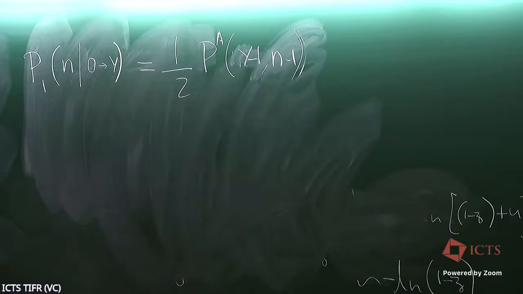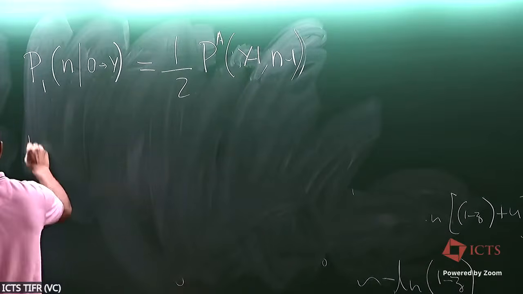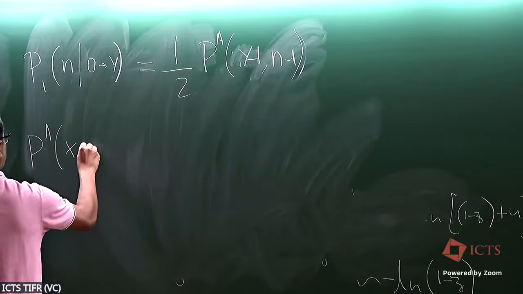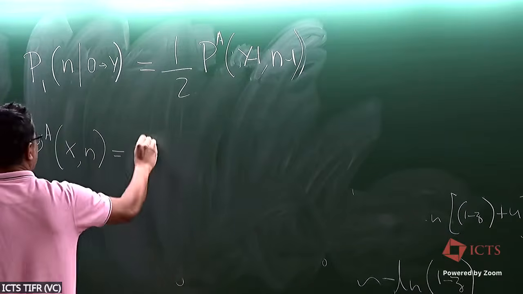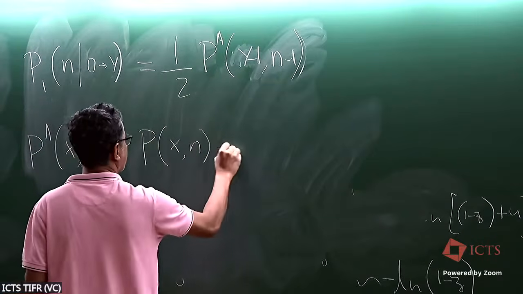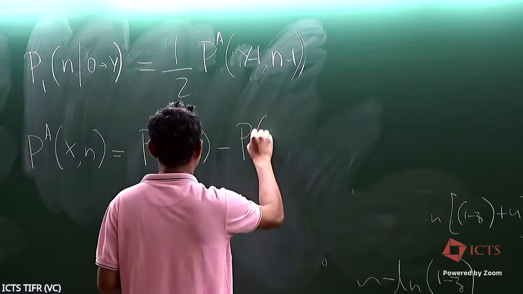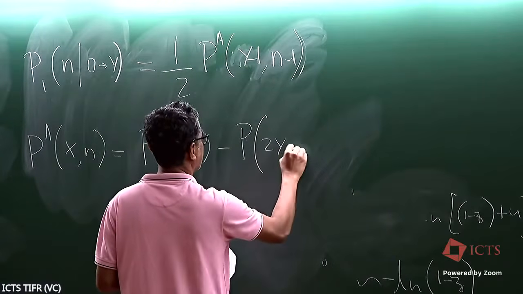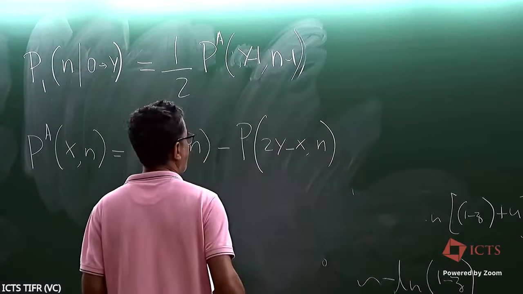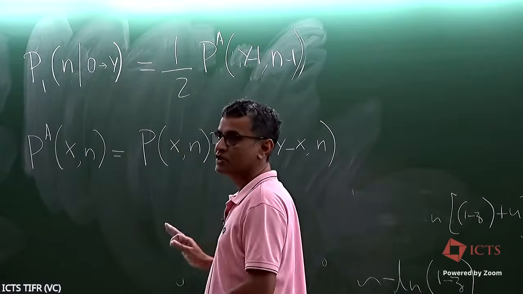The idea is that you can just write the solution immediately by inspection, and the solution is that P_A(x, n) is equal to P(x, n) minus P(2y minus x, n), where P(x, n) is the solution without any boundary conditions.